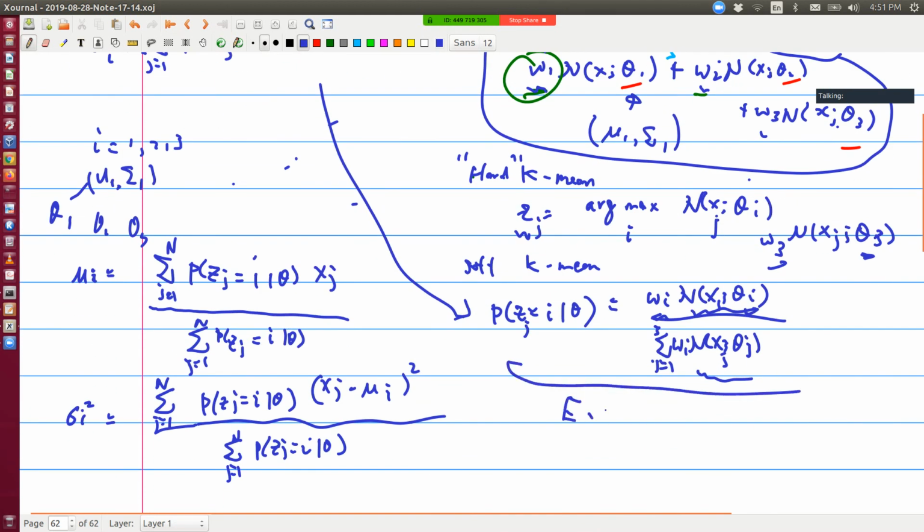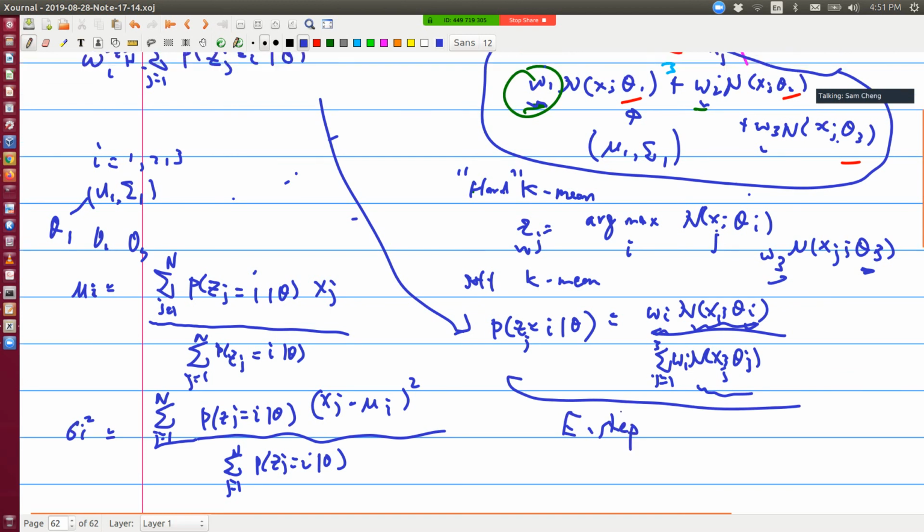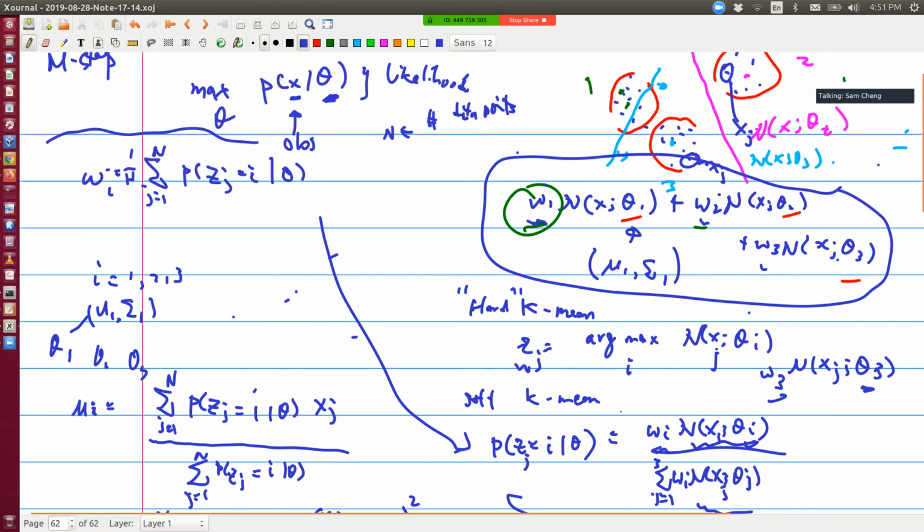So the mixture model will be a Gaussian, only one Gaussian? Say that again. After all the steps finish, that will be a mixture of Gaussians, and we have one Gaussian? No, why do you say 1 Gaussian? We have 3 Gaussians here.